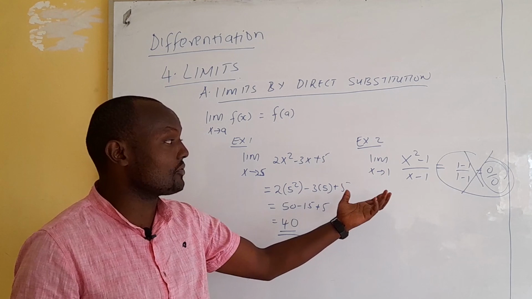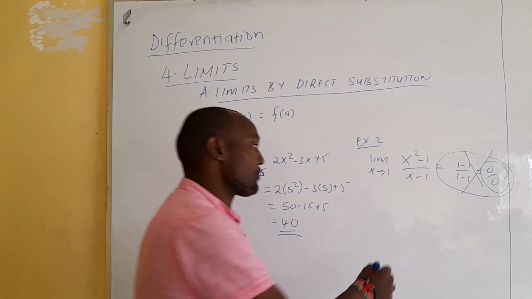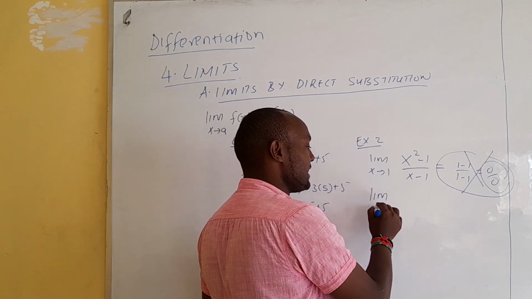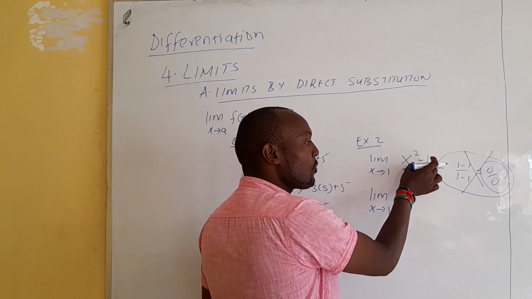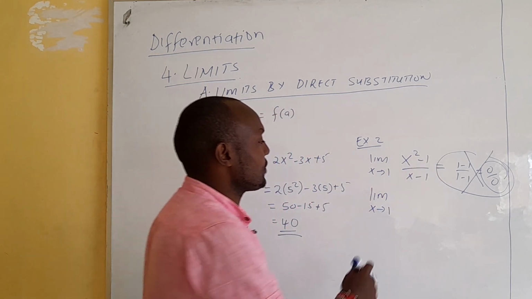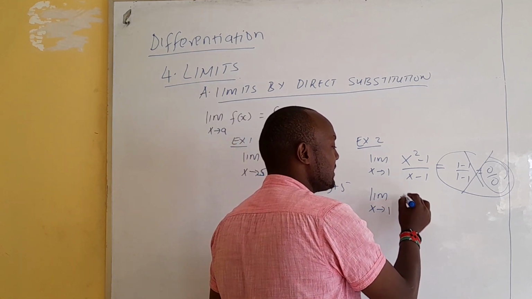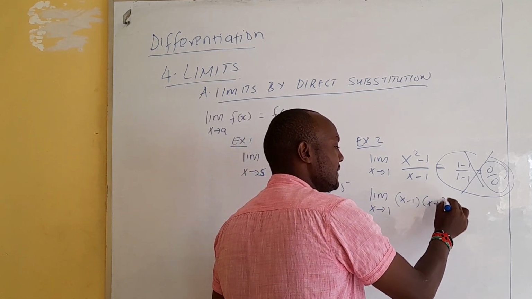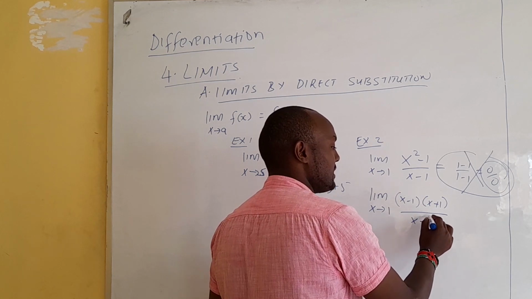By applying some algebra here, we can show the limit as x approaches 1, where we have the square, is the same as x minus 1, x plus 1 all over x minus 1.